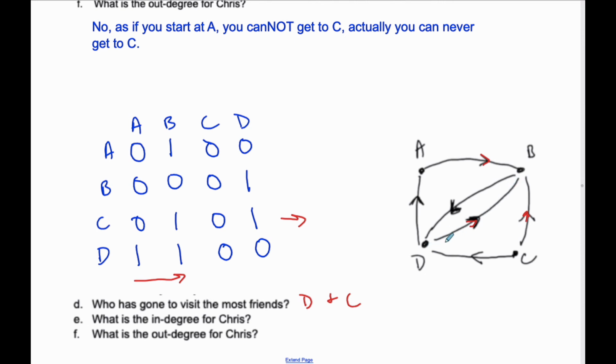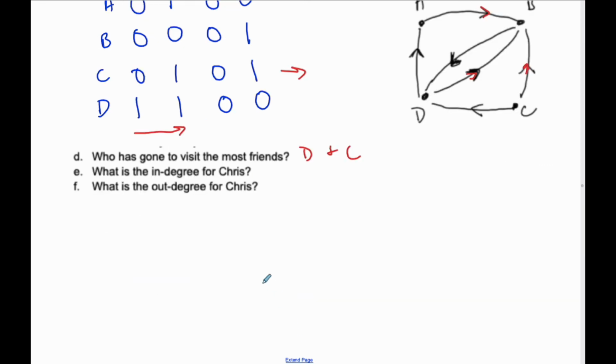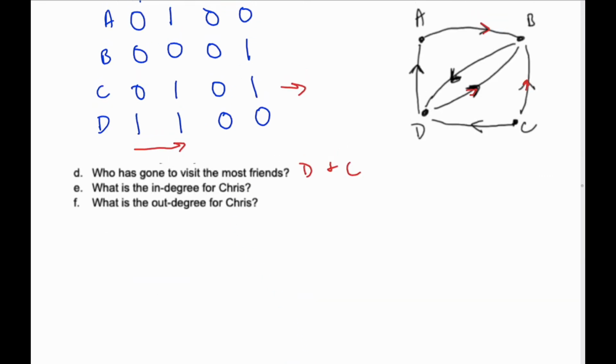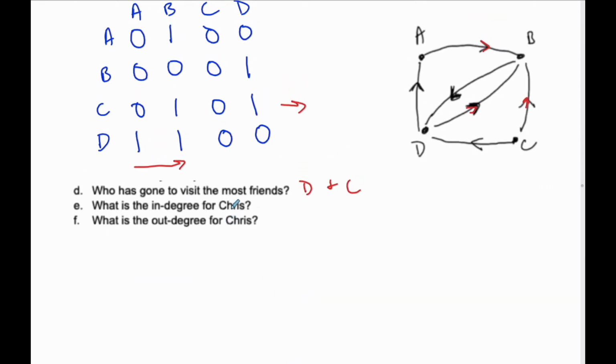And finally, we're asked what is the in degree of Chris? Well, the in degree of Chris is 0. Nothing goes in. Going down the table is the in degree.